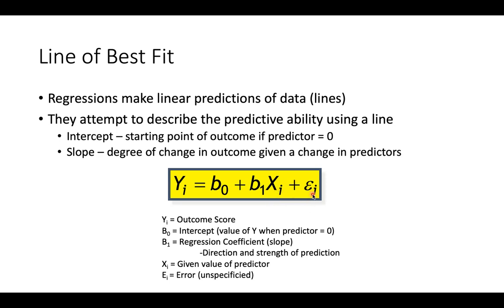plus e, which is error, which is going to remain undefined, unspecified. It's in the model, or it's in the formula, so that we can sort of remind ourselves that there's always unexplainable error out there that we cannot fully capture. But this is not actually going to have a quantity. When we really use this to make predictions, we're just going to pretend like this error doesn't exist because we can't define or quantify the error, right?